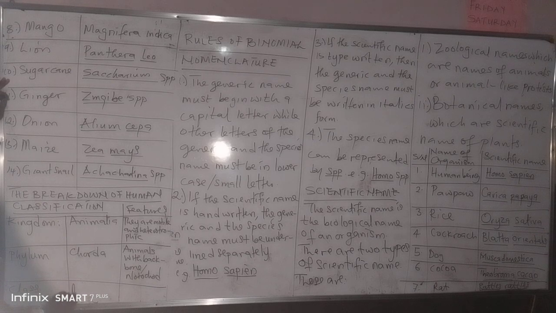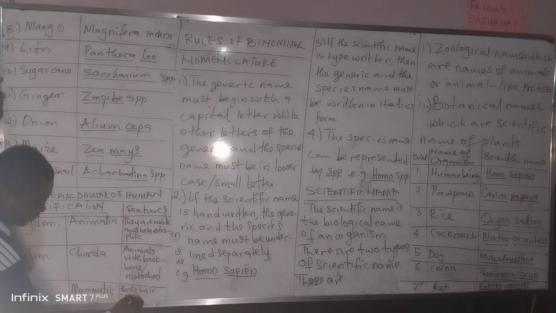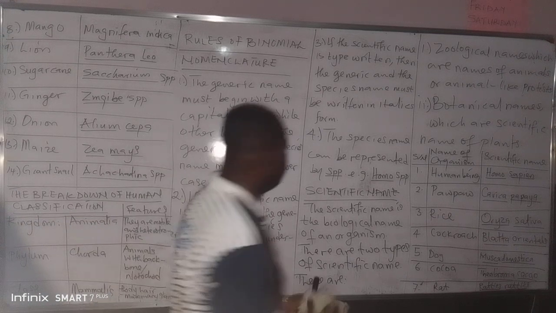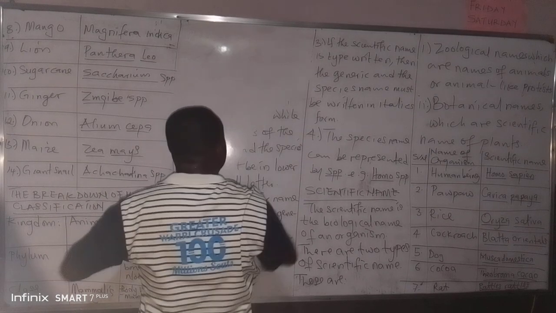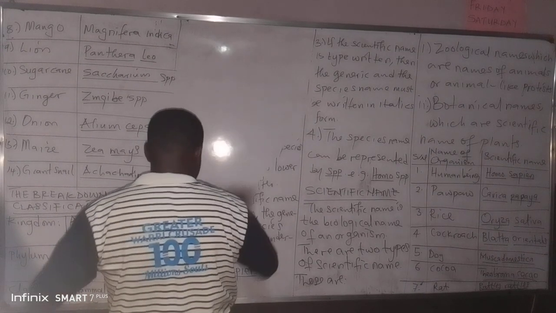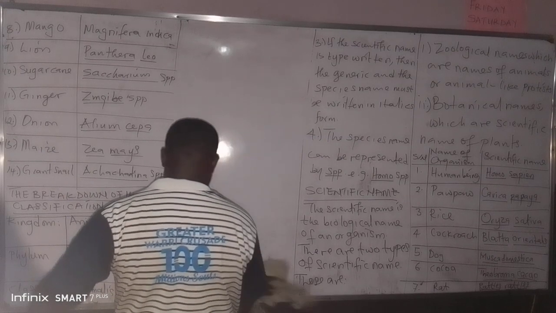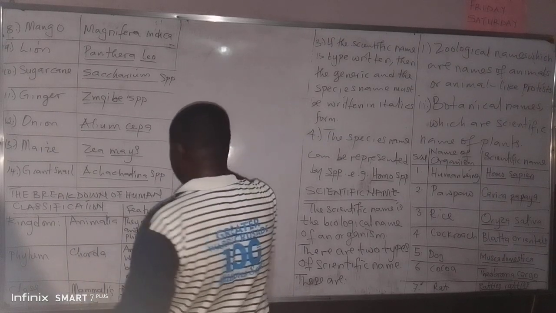We belong to the class Mammalia. Why? Body hair, mammary gland. We have body hair covering our body. We have breasts, mammary gland. We have glands in our skin, like mammary gland, like sweat gland. Then we have pinna, that's external ear.